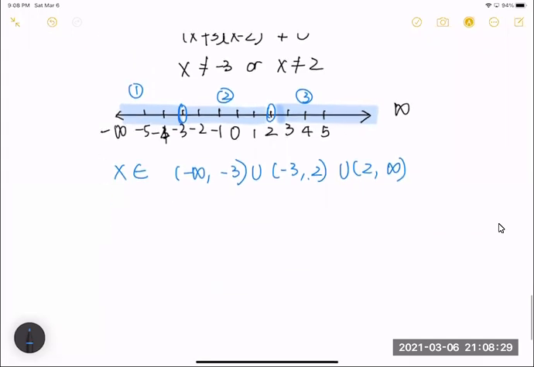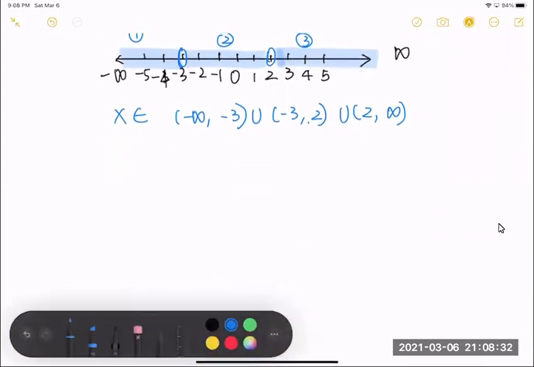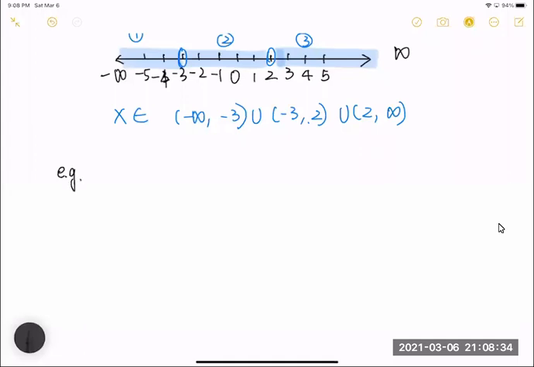Okay, so if I ask you to find the domain of f(x) equals 3x squared minus x. Well, we know that this is a quadratic function.